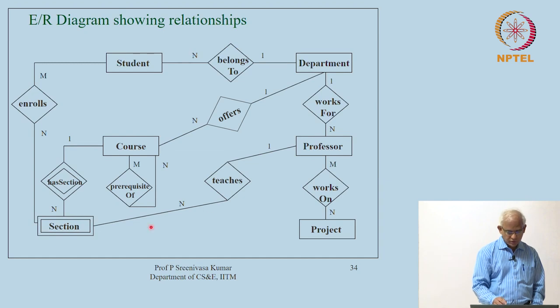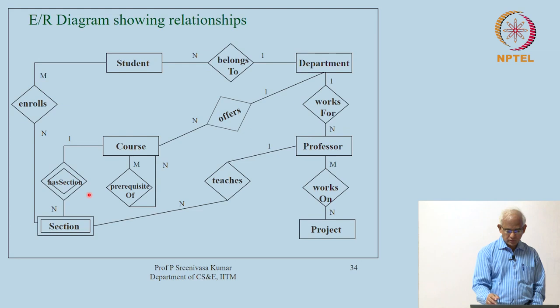Professors teach sections and students enroll into sections. There is an enrollment relationship which is many to many, because many students enroll into one section, and a student typically enrolls for many sections. A professor teaches more than one section, so it is one to many.